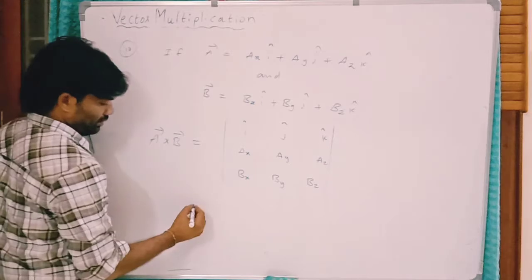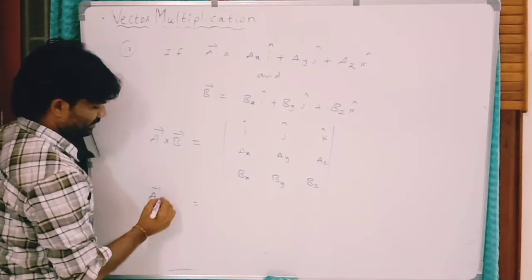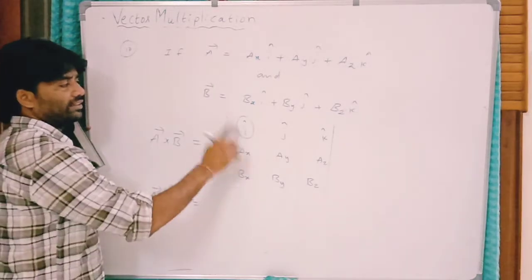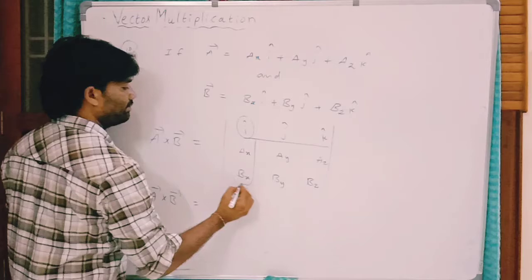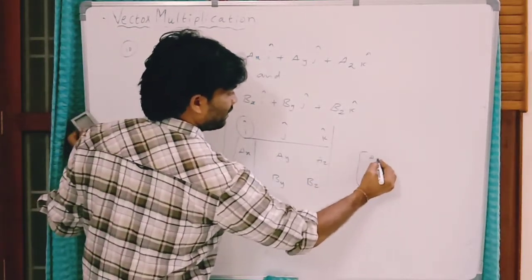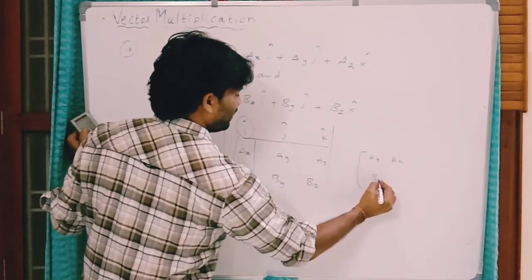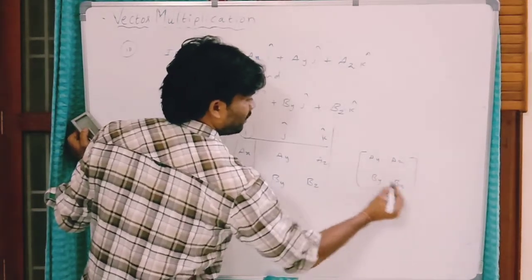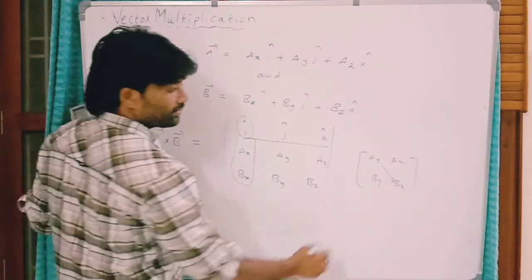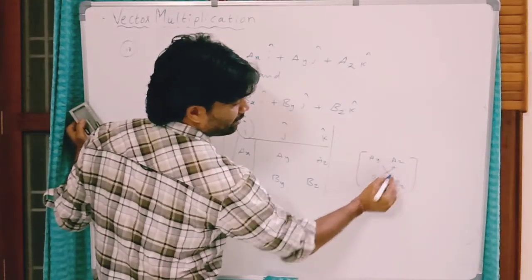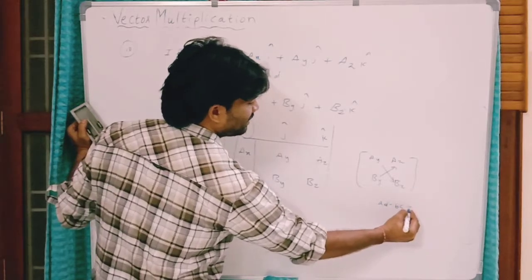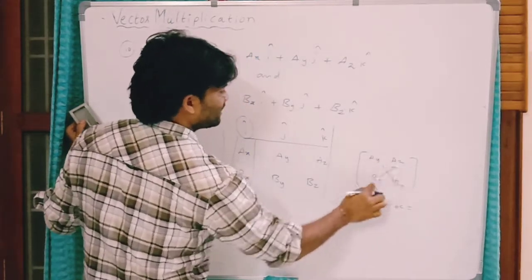Right? Now the simple method to find the cross product: when I take this i component first, leave this row and this column, and you will have these four: ay, az, by, bz. Now you can do the determinant of the matrix, ad minus bc, the product of these two minus these two.